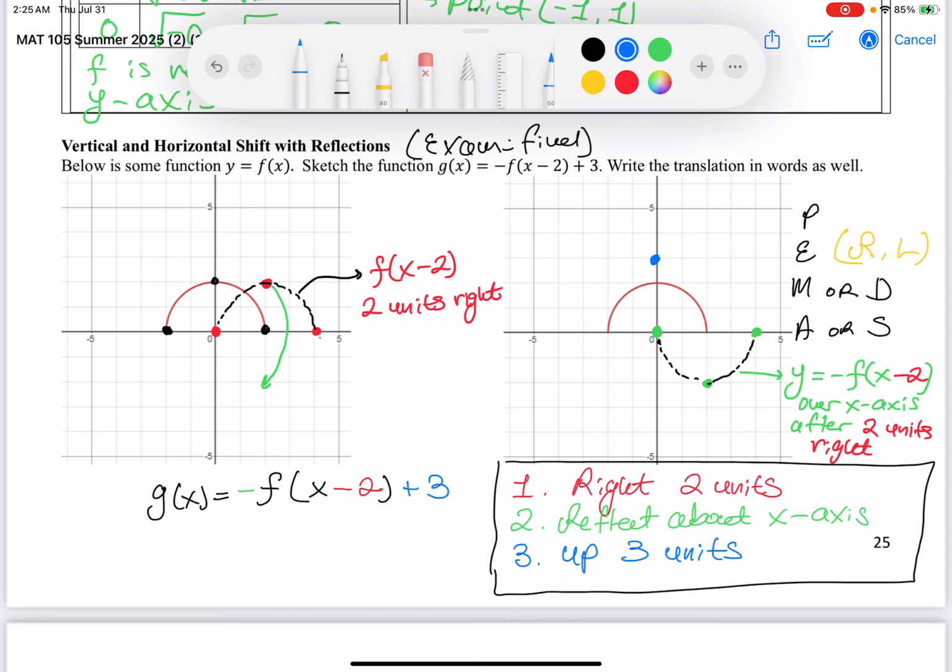Take the point 2, negative 2, move that up 3 units. That becomes the point 2, 1. And then take the last point 4, 0, move that up 3 units. That becomes the point 4, 3. And then we're going to sketch.